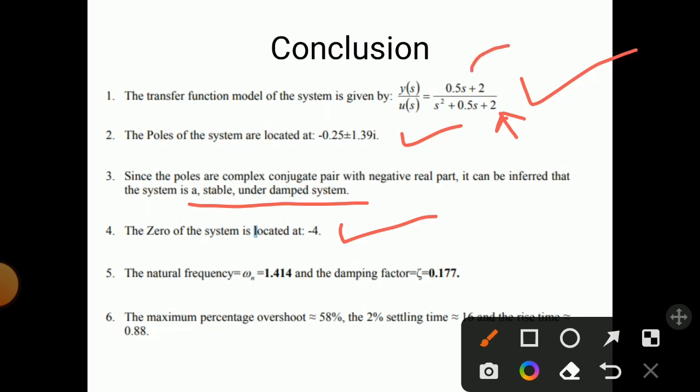If the numerator term is equal to 0, then we get the zero located at minus 4. We calculated the natural frequency and damping factor also. The natural frequency is 1.414 rad per second and zeta is 0.177. And by using this omega and zeta, we calculated maximum percentage overshoot, settling time and rise time.